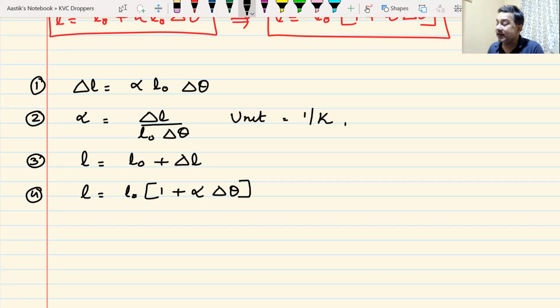Do we all understand these 4 points? Yes or no? If you understand these 4 points, the rest of the topic becomes very simple.